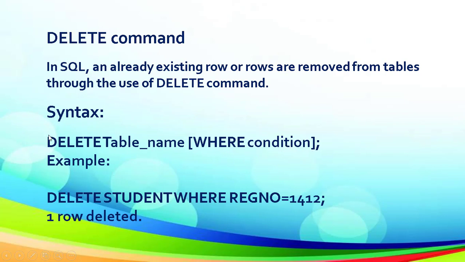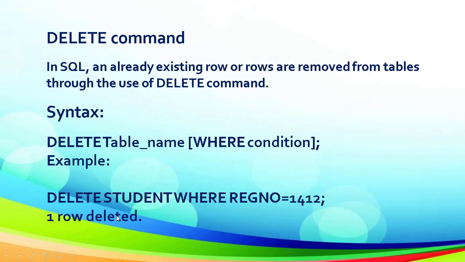Based on the condition you can remove the rows. So for example, delete student in a student table, the student who is having register number 1412. The data will be removed from that particular table, student table.